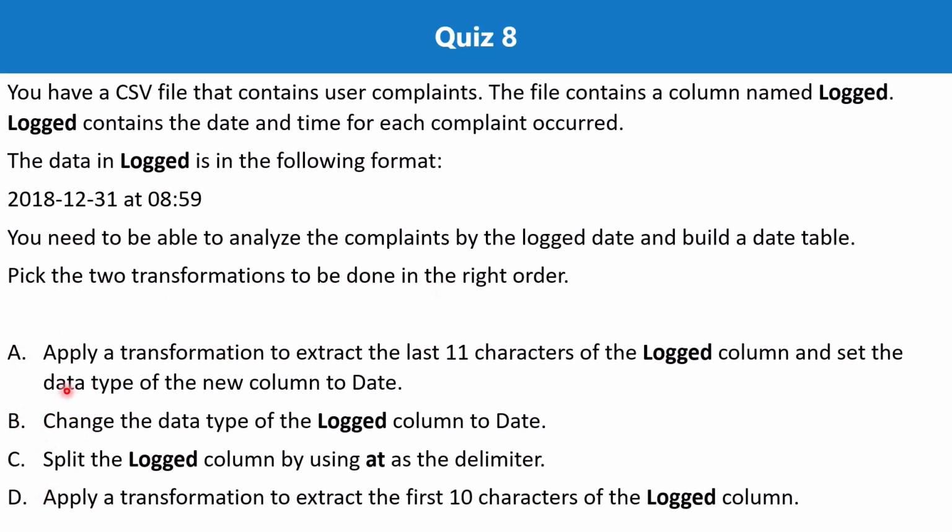So the four options are: apply a transformation to extract the last 11 characters of the logged column and set the data type of the new column to date; change the data type of the logged column to date; split the logged column by using at as the delimiter; apply a transformation to extract the first 10 characters of the logged column.